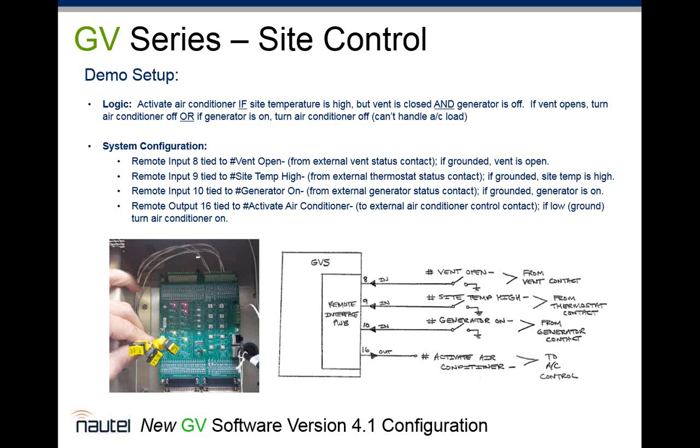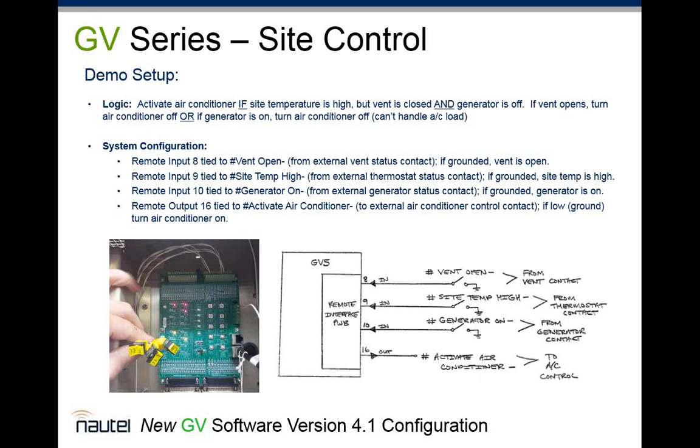So the system configuration itself, we've used the standard remote interface board that comes with every GB transmitter, and you can see in the picture to the left bottom that there are 3 switches that are wired into the terminal block at the top of the remote interface board, and specifically they're remote input 8, input 9, and input 10, representing the vent open active low.